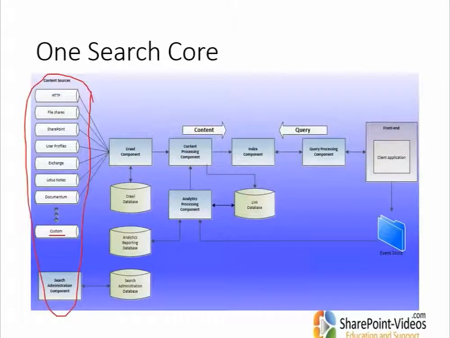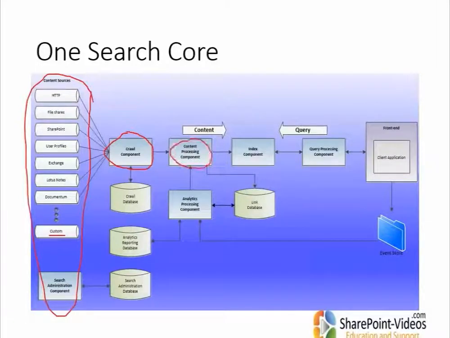The first component that is interacting with those content sources is the crawler. I'm going to explain this in much more detail, but the crawler is the component that goes to the content source, enumerates the items that have to get crawled, and collects them and passes them to the content processing component.